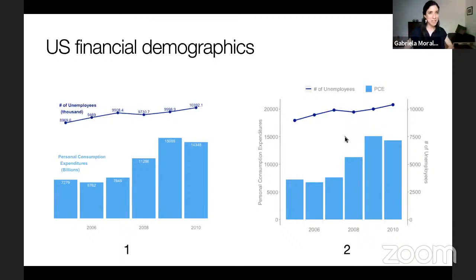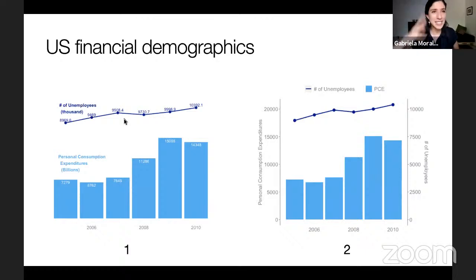But one thing I wanted to tell you, like when I looked at this, I was very surprised because as I told you, I was expecting that when the unemployment rates were high, we would have low expenditure, but it seems like that's not the case. Like where's people getting the money to spend if they don't have unemployment?